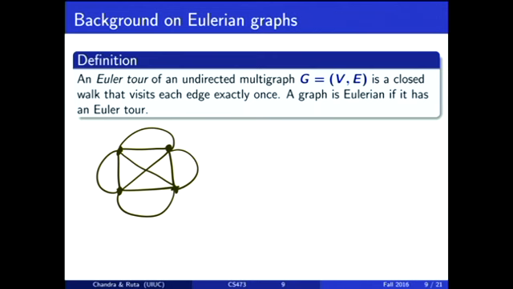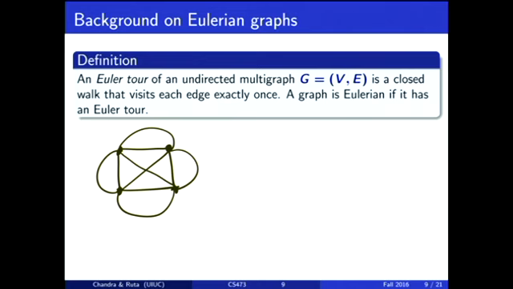And why is that the answer? Why can't it have an Euler tour? Remember, what is an Euler tour? Because each of the vertices has 5 edges coming out of it, so if you leave and try to come back. Right.